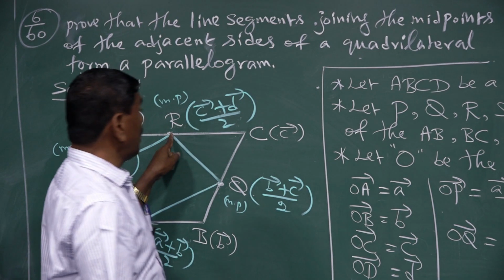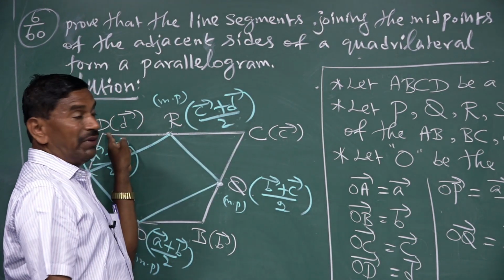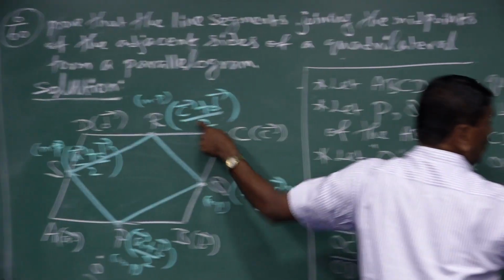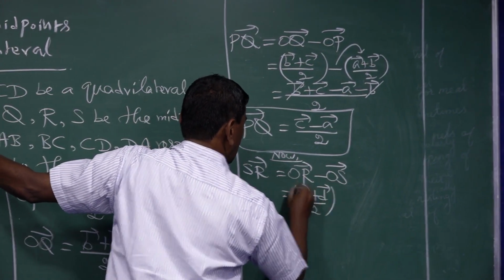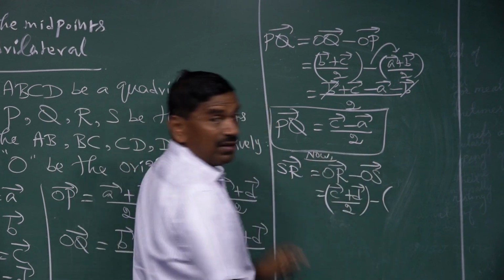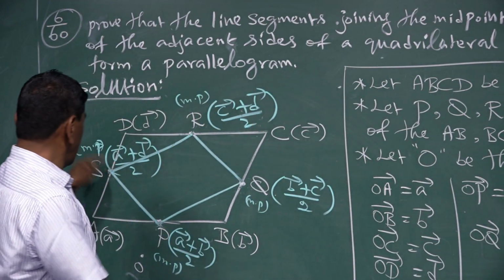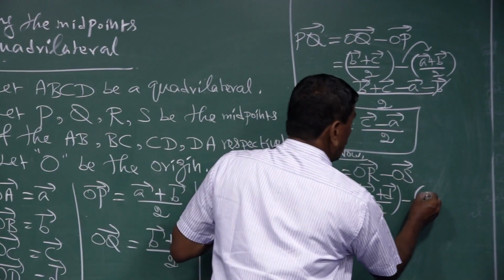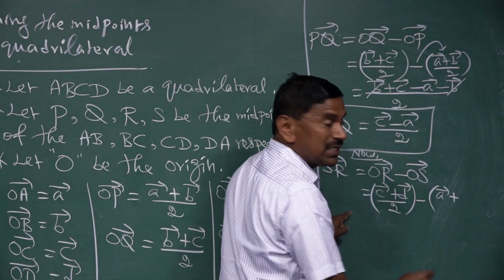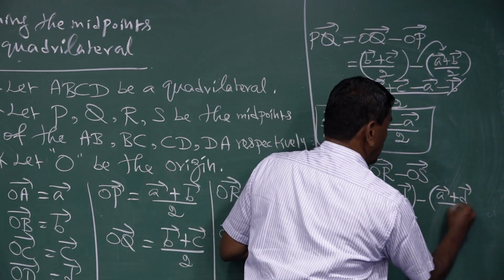OR vector equal to C vector plus D vector by 2. So OR vector equal to C vector plus D vector by 2 minus OS vector. What is OS vector? OS vector is equal to A vector plus D vector by 2.